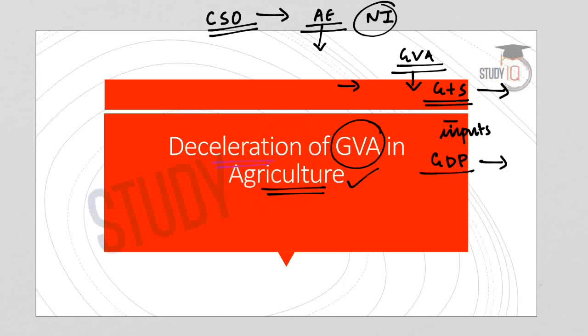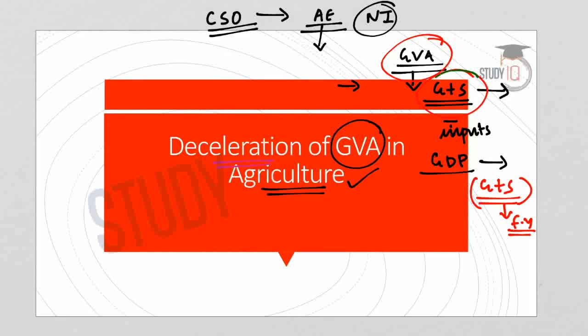It means the monetary value of all the goods and services produced within an economy in a financial year. So that is GDP. And what is GVA? It is the value of the goods and services produced in an economy minus the cost of inputs or the cost of raw materials. Now, having understood what is GVA, let us move on to the data provided by CSO, or the Central Statistics Office.